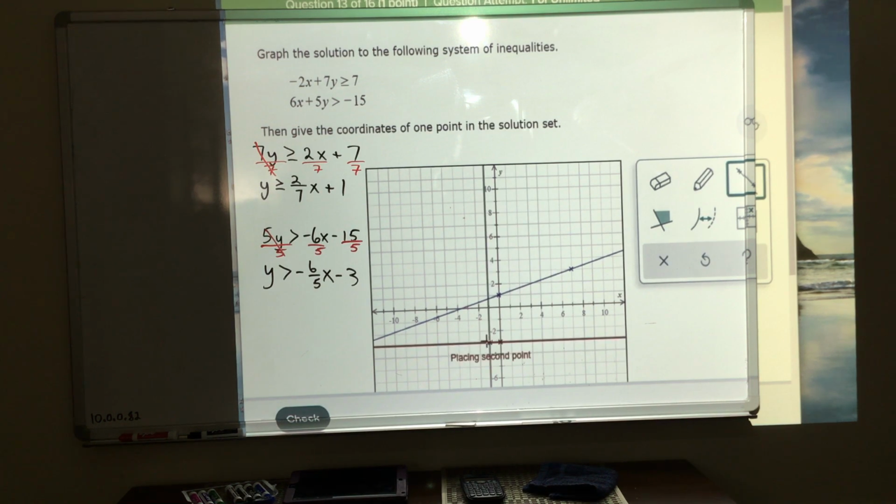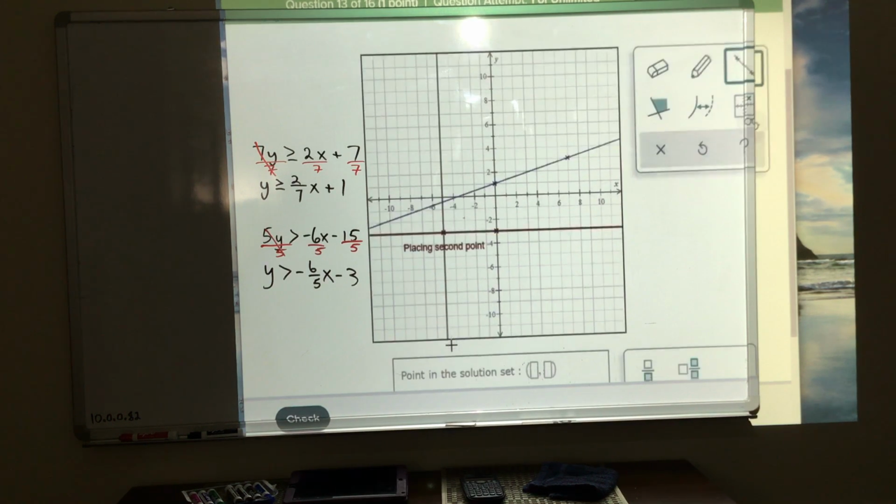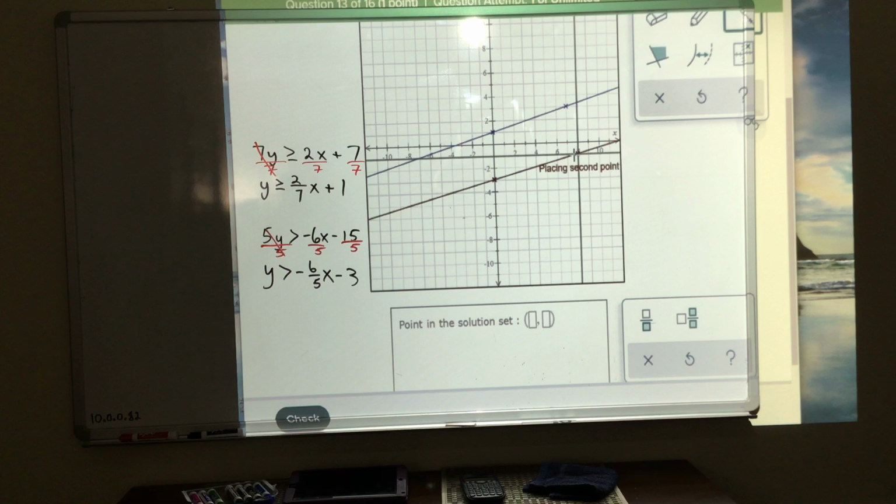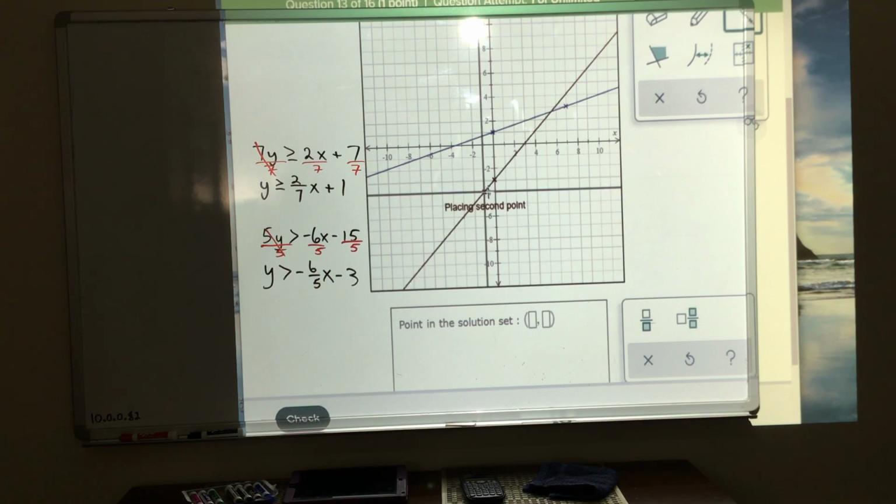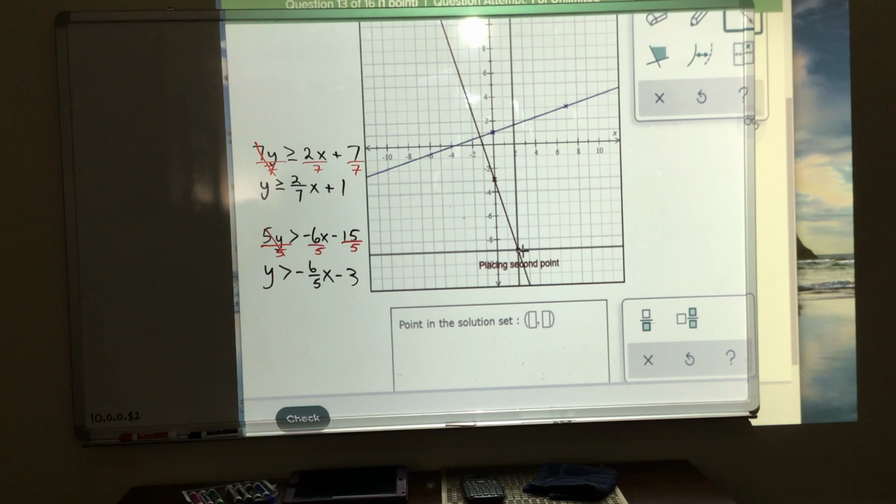I'm going to go back 5 and up 6 because, actually let me just go down 6 and over 5. 1, 2, 3, 4, 5, 6. 1, 2, 3, 4, 5. Okay, let's see. This one is a dashed line.